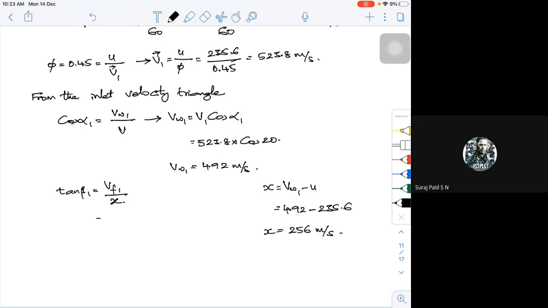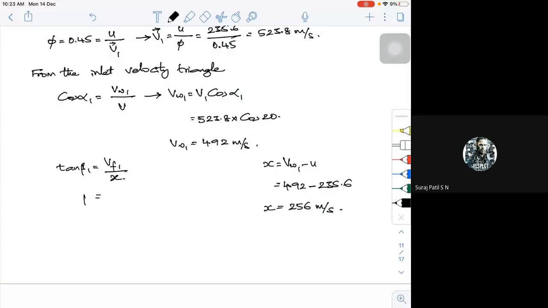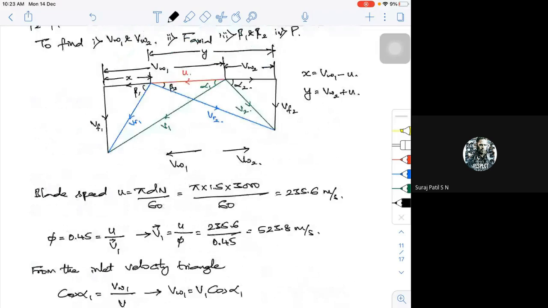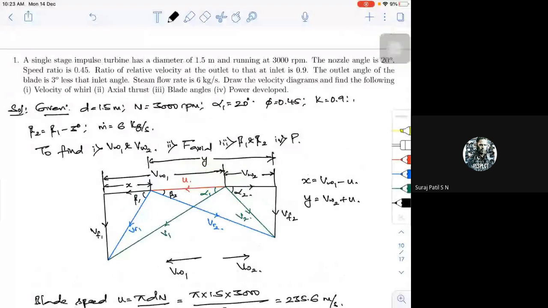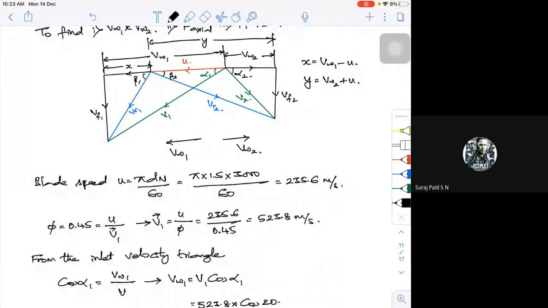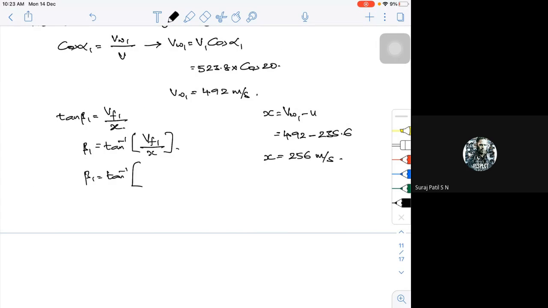So beta 1 is equal to tan inverse of Vf1 divided by x. I need to find Vf1.